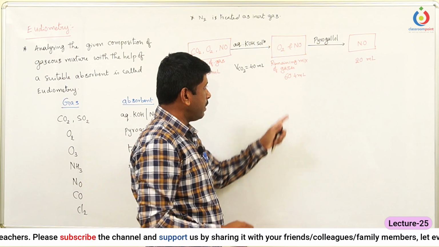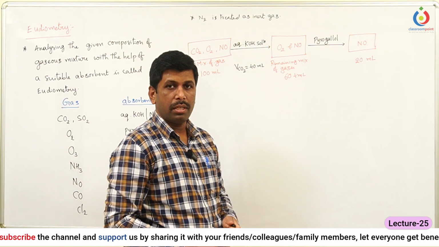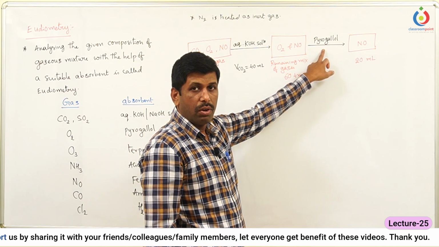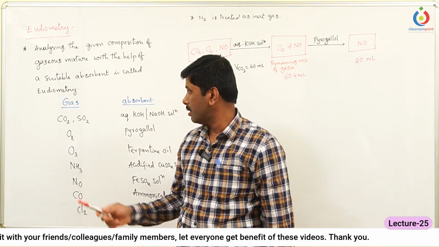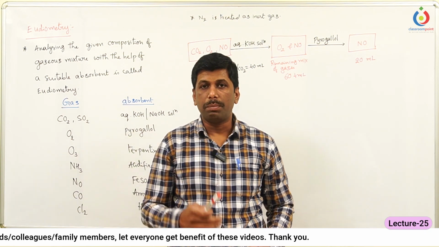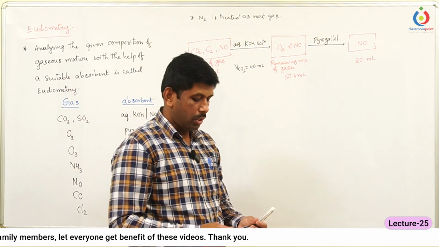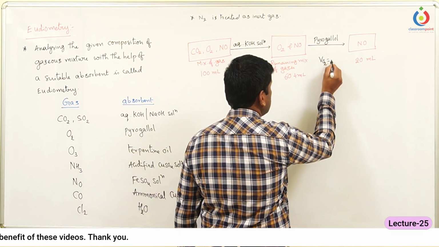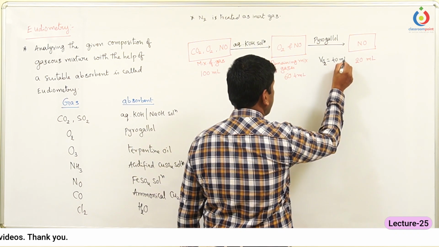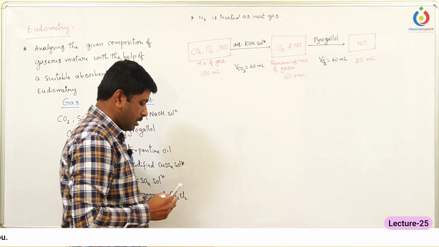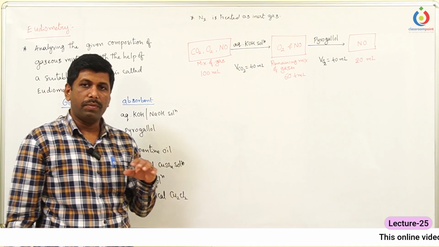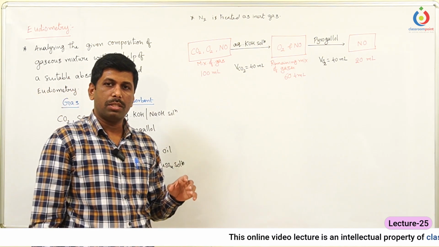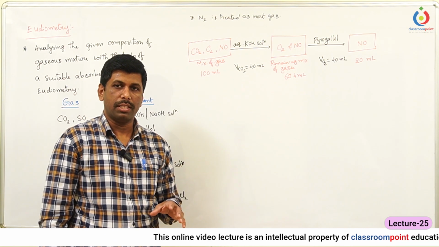So out of 60 ml, 20 ml is still present. That means 40 ml was absorbed by pyrogallol. Pyrogallol absorbs only O2. That means the absorbed volume completely belongs to oxygen, so the volume of oxygen is equal to 40 ml. Like this, by sending these gaseous mixtures through a series of absorbents, we will come to know how much volume of a particular component is present in the given mixture of gases.